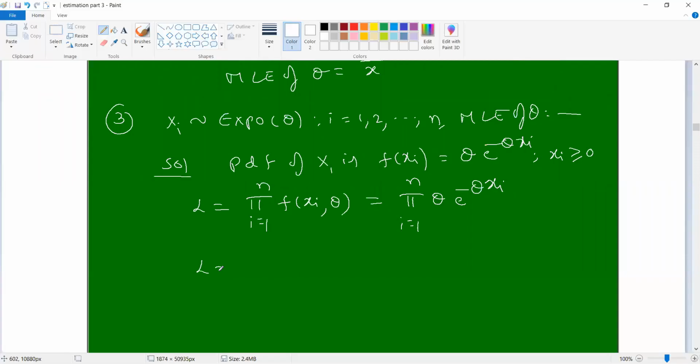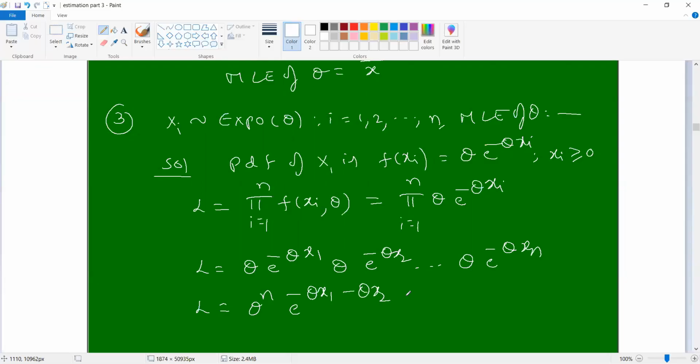Now, here is the product for i equal to 1 to n of theta e power minus theta xi. Expanding, theta into e power minus theta x1, substituting i equal to 1. Next, the product means multiplying the values: theta e power minus theta x2 and so on to theta e power minus theta xn. L is equal to theta into theta n times, that is theta power n, e power minus theta x1 minus theta x2, adding powers of the same base, minus theta xn.